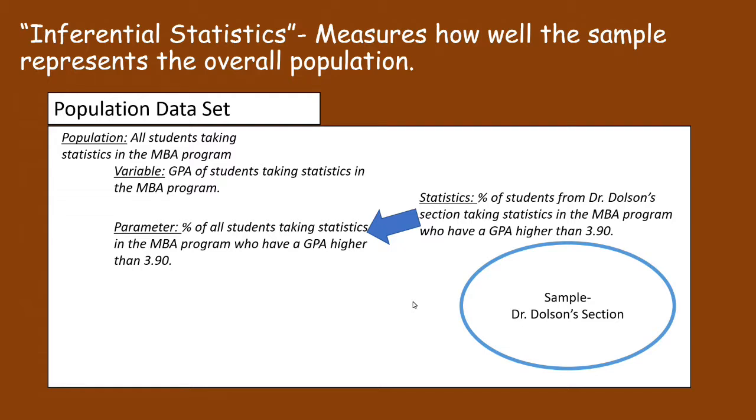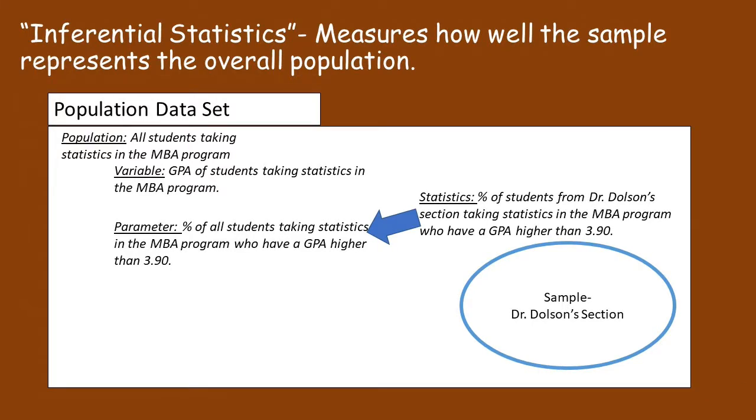So imagine trying to measure the descriptive statistics for all MBA students across the U.S. who are taking statistics right now. Measuring it here on our campus would probably be fairly easy to do, but across the whole U.S. it might be impossible. And even if it is possible, it's likely very costly.